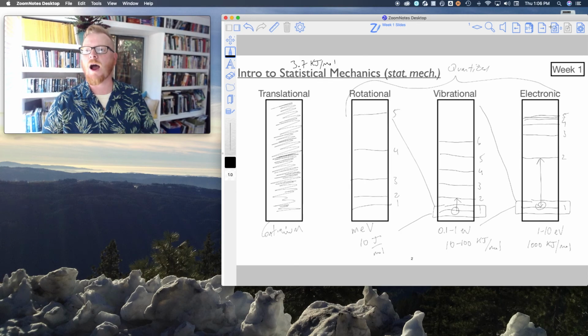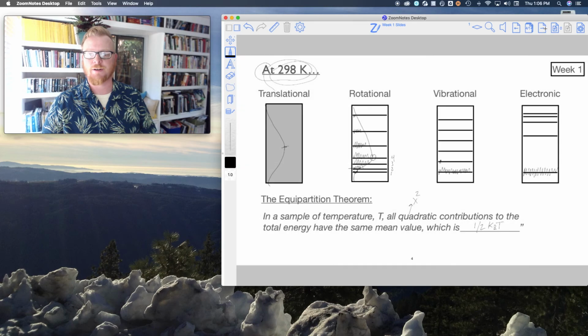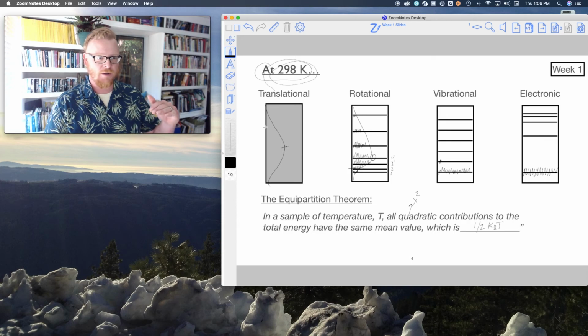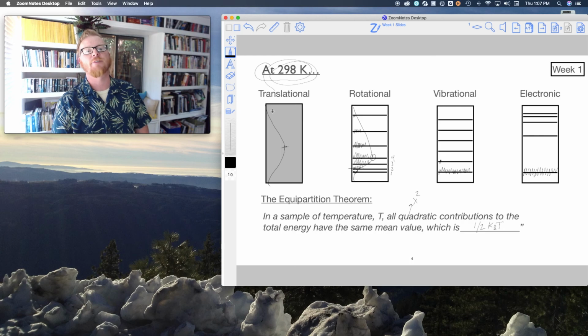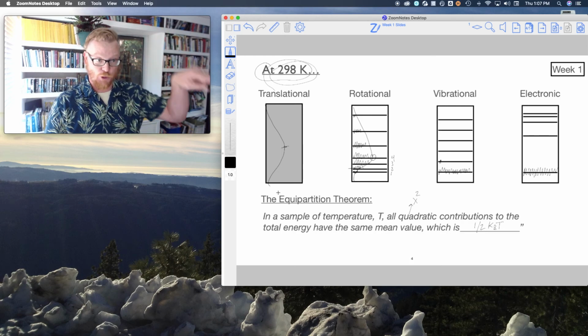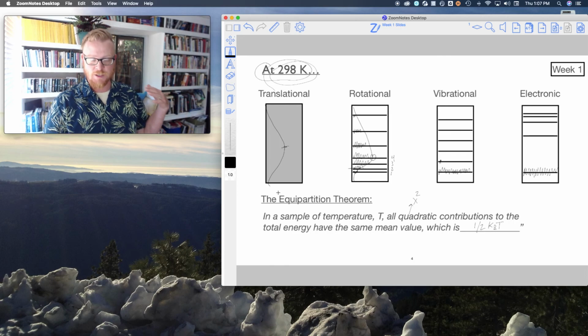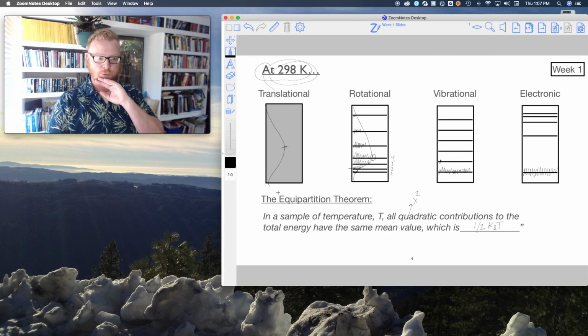So at 298 K, there will be a population of translational levels. There will be some maximum population level, and it's going to have a distribution, shaped like some type of curve. It's not a bell curve, it's a Boltzmann curve, and we're going to explore that more soon.